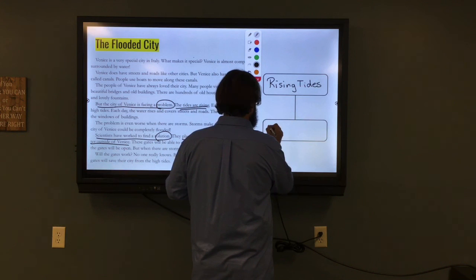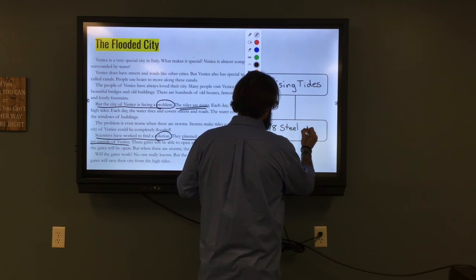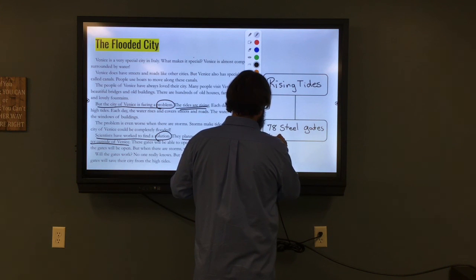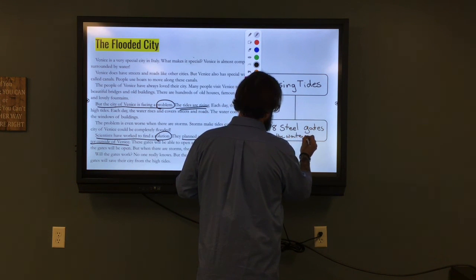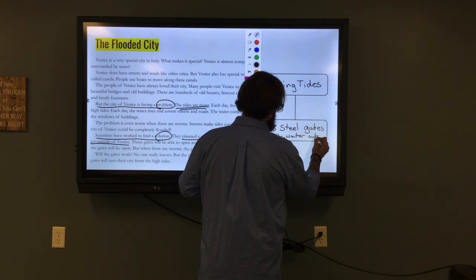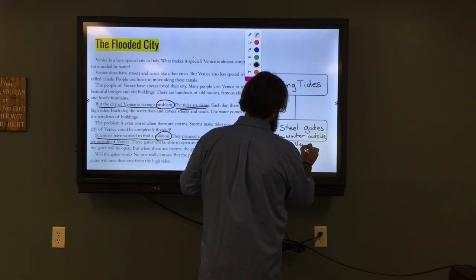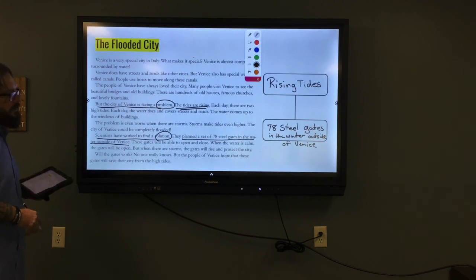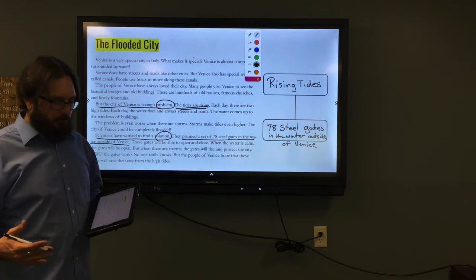All right, so the solution, 78 steel gates in the water outside of Venice. Okay? 78 steel gates is the solution to the rising tides.